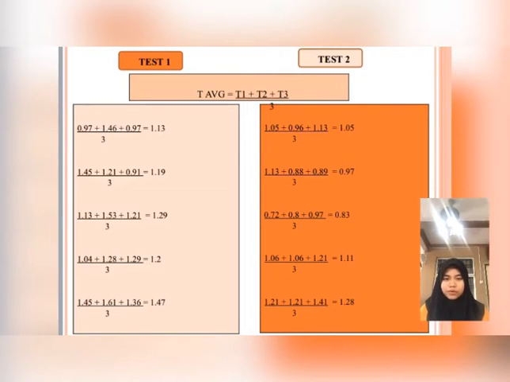Next, 1.45 plus 1.21 plus 0.91 divide to 3 equal 1.19.